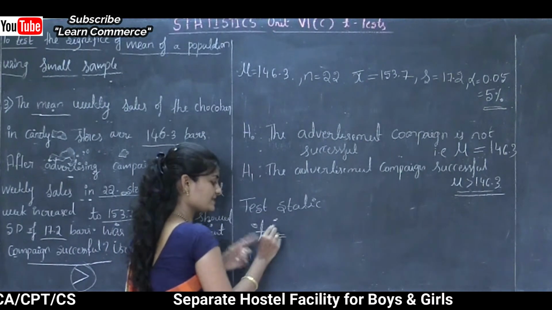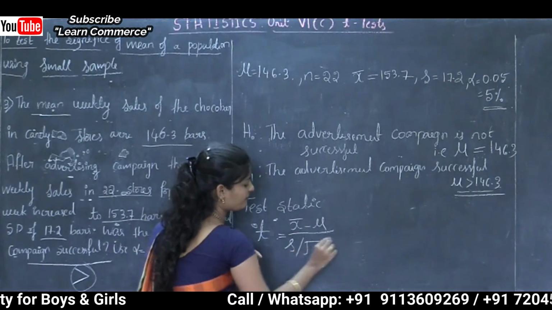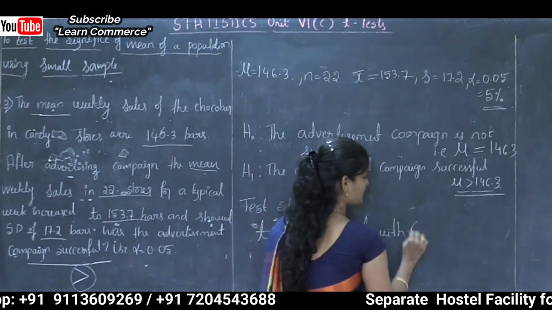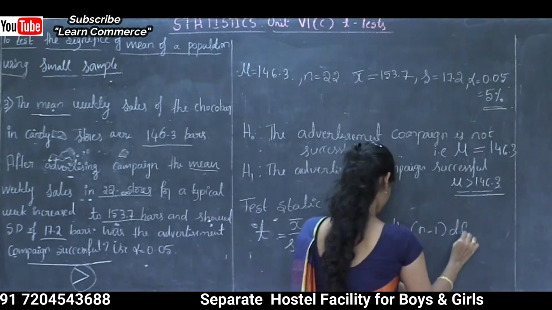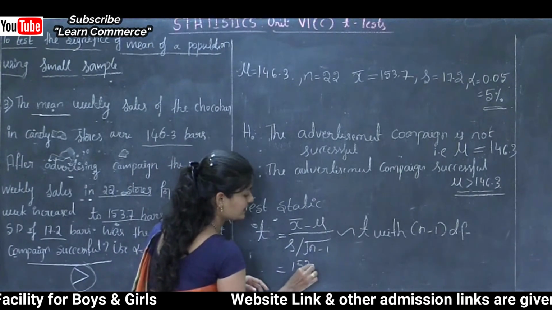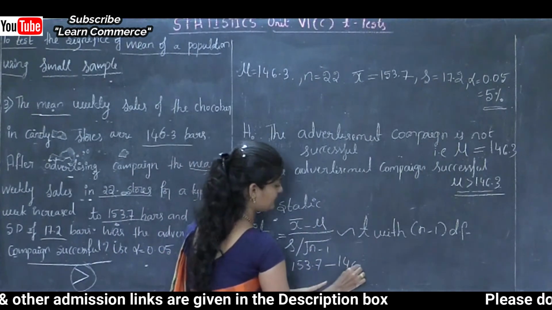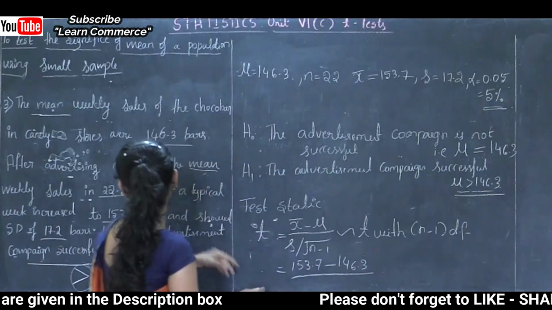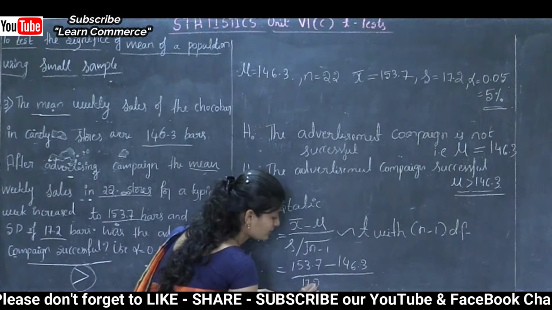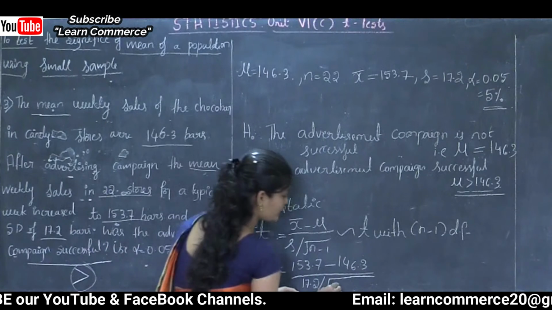So t is equal to x bar minus mu divided by s divided by square root of n minus 1, which follows t with n minus 1 degrees of freedom. x bar is 153.7 minus mu, that is 146.3, divided by s, that is 17.2, divided by square root of n minus 1, where n is 22.